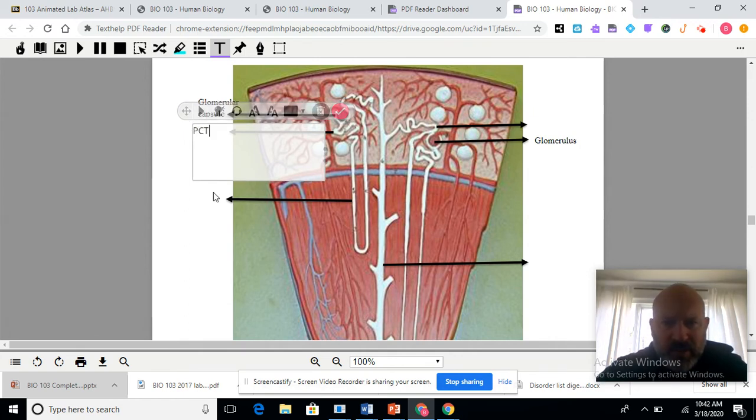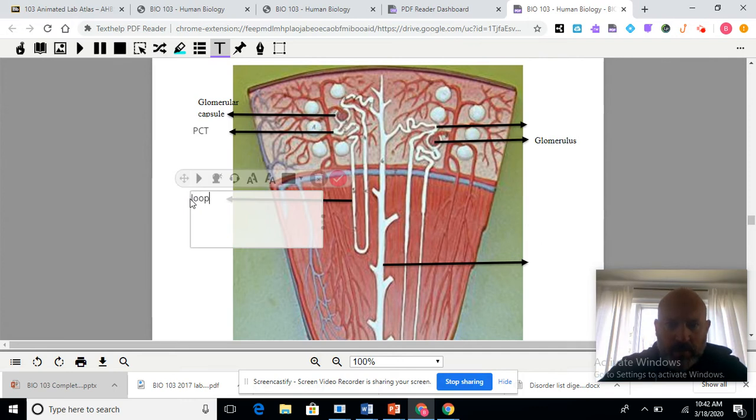All right. And down here we have the loop of Henle. And if we follow this one, the glomerular capsule to the proximal convoluted tubules, loop of Henle, this will take us to the distal convoluted tubules.